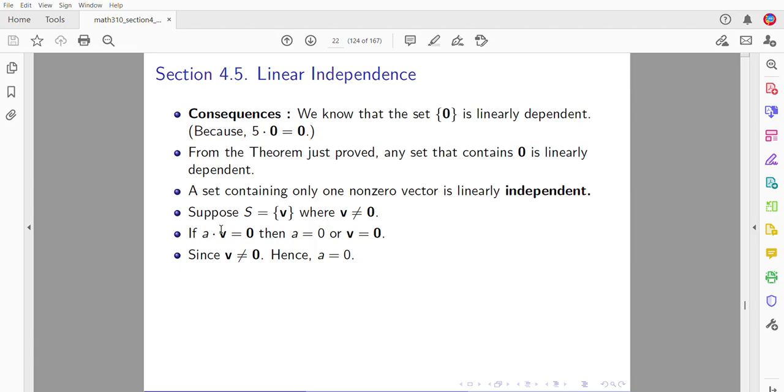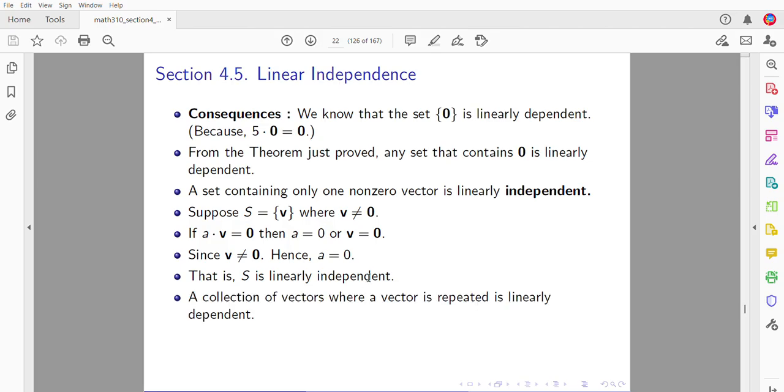Then we have seen by one of the theorems in section 4.2, I believe, that if this is the 0 vector, then the scalar has to be 0 or the vector has to be 0. But our assumption is the vector is non-zero. So the scalar has to be 0. What does that mean? A linear combination of this vector equals the 0 vector means the coefficient is 0. That is, that set is linearly independent.